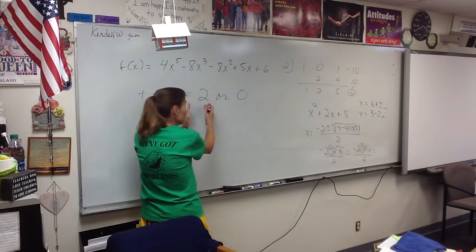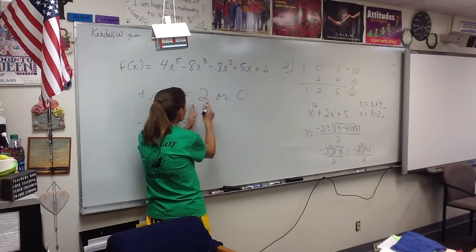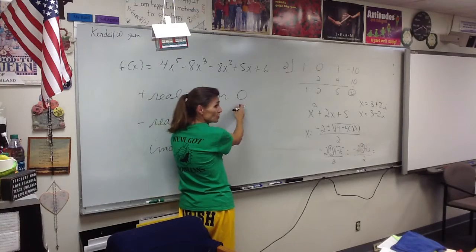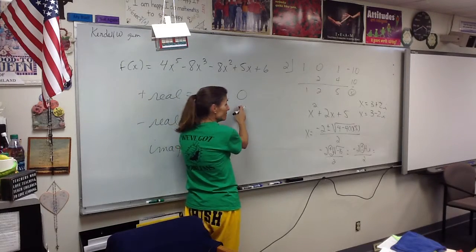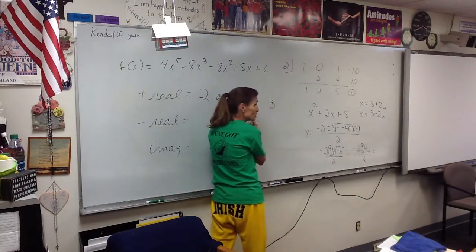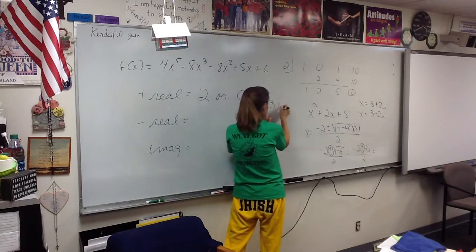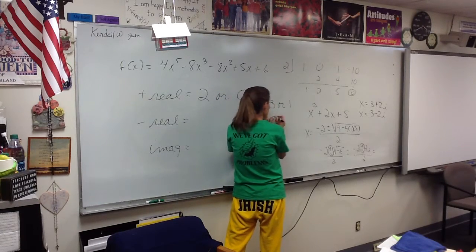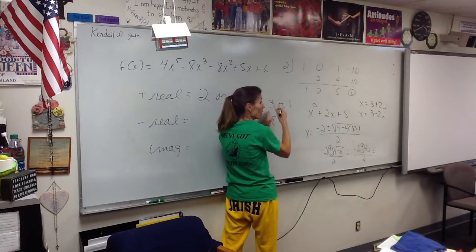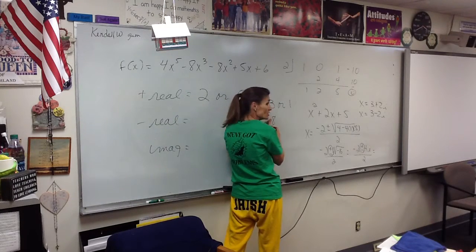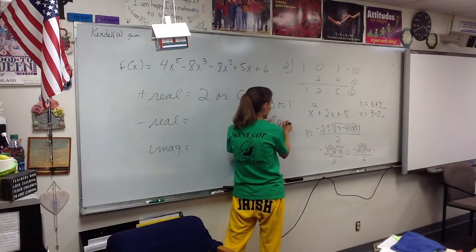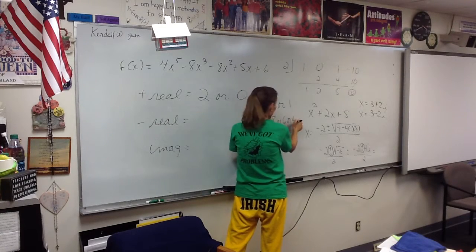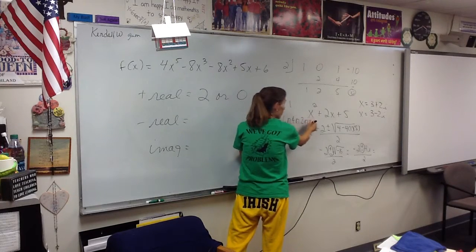So I got 2 sign changes, but that means there could be 2, or actually there could be none. If I had gotten 3 sign changes, I could have 3 or I could have 1. If I had gotten 8 sign changes, which would never happen in this problem, it would be 8 or 6 or 4 or 2 or none.